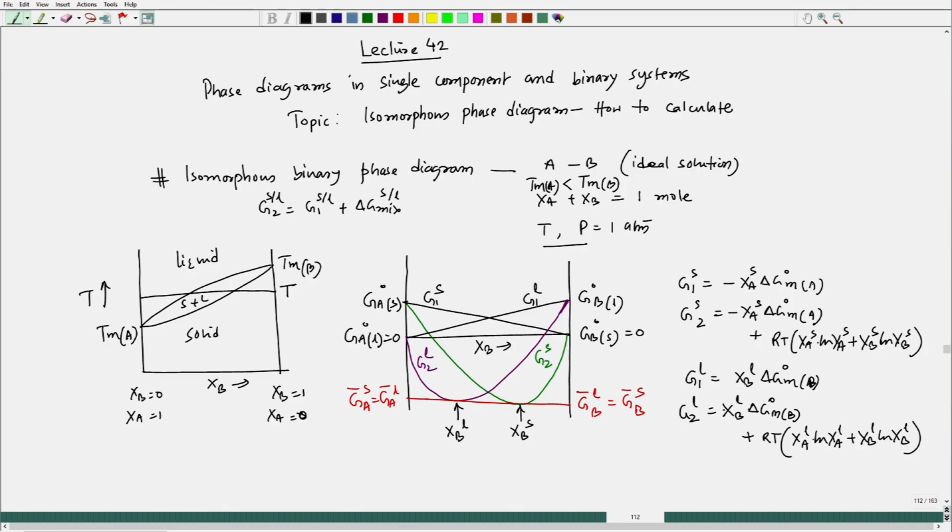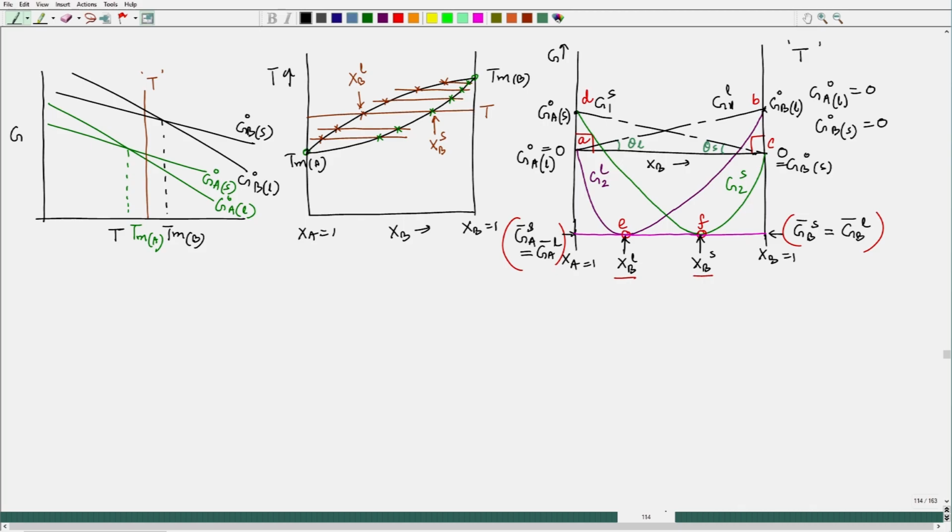So if I try to look at this particular diagram we drew in lecture 41, that diagram can be shown here. Exactly the same diagram, I have copied it from there.